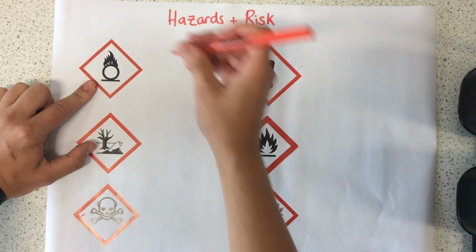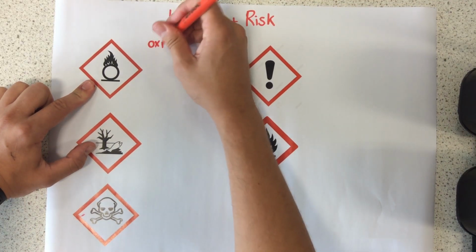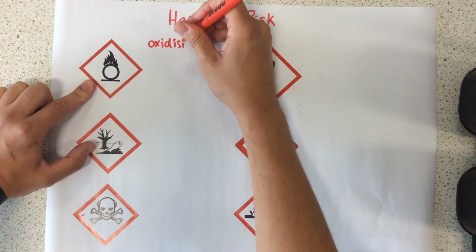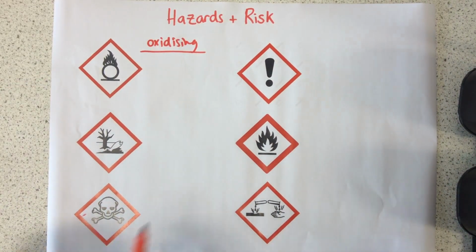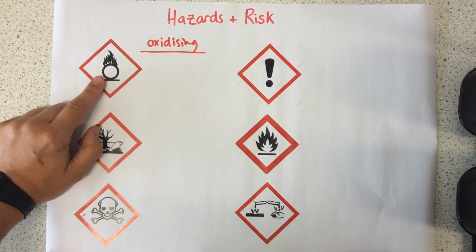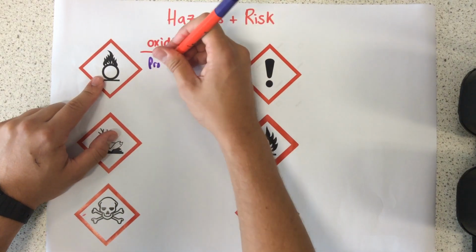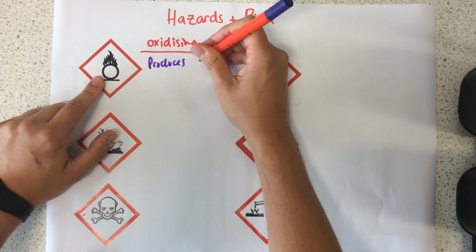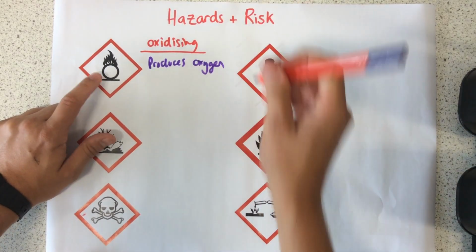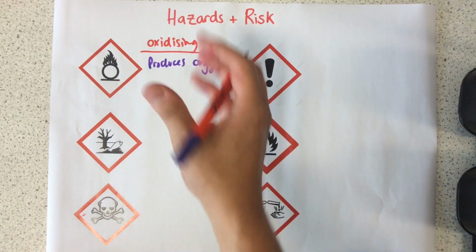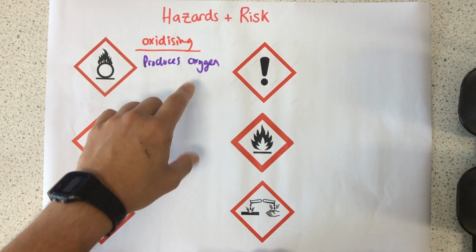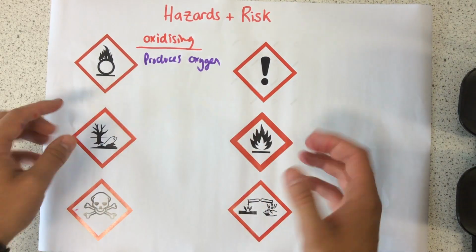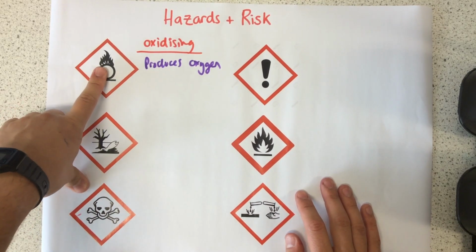So this first hazard symbol here means oxidizing. Now what that means is this particular substance, no matter what it is, produces oxygen. So it provides oxygen in a reaction. Now, as you may know, oxygen is required in order for a combustion reaction to occur, so burning to happen.